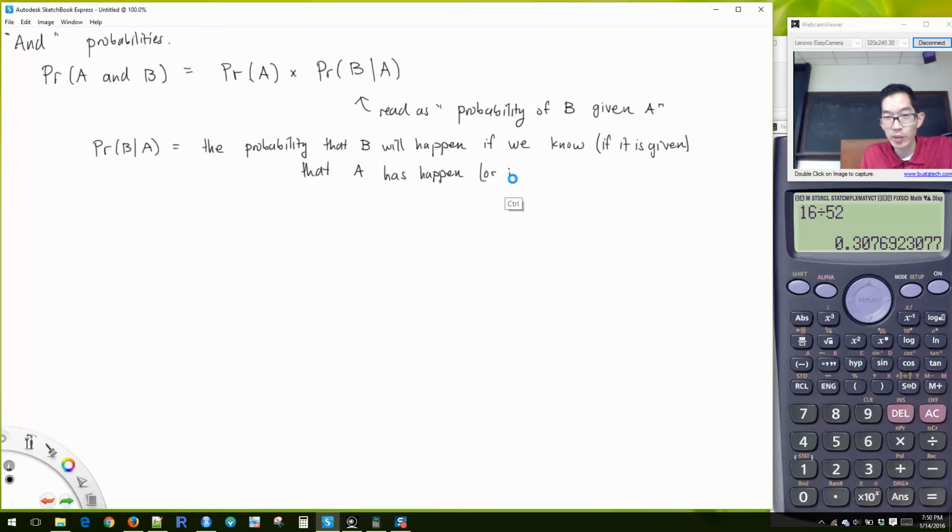So it's the probability that B will happen if we know that A has happened, and that is the probability of B given A.